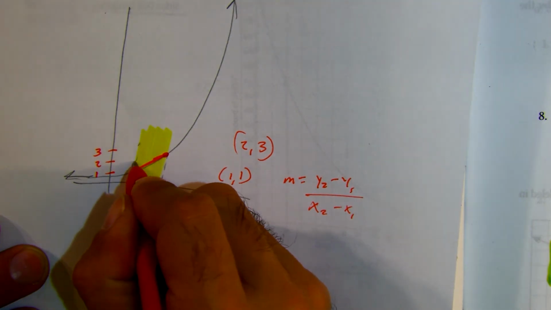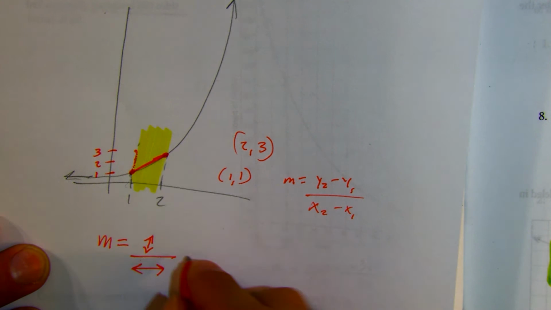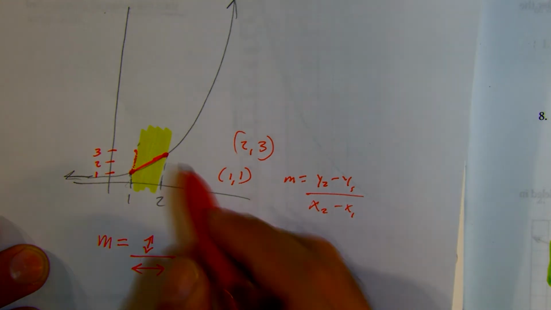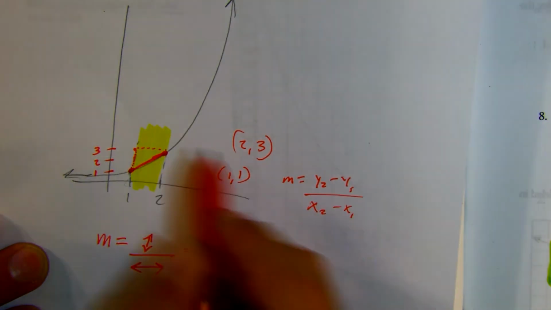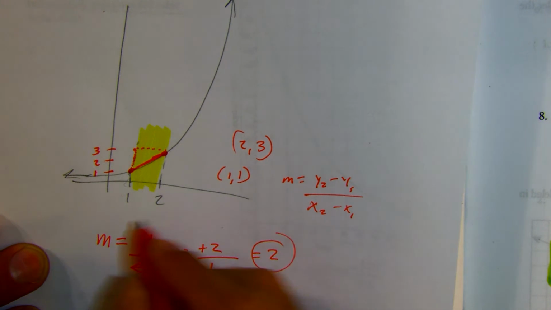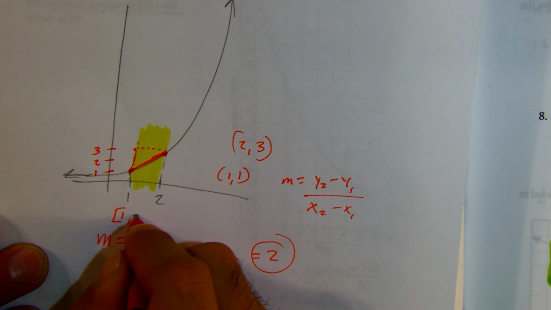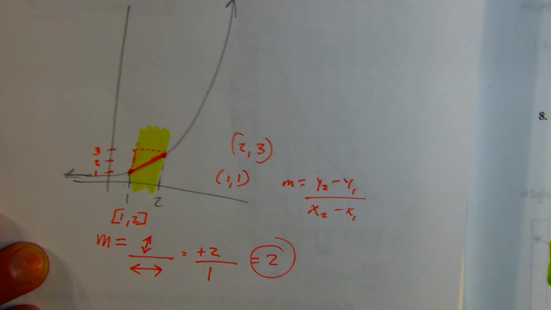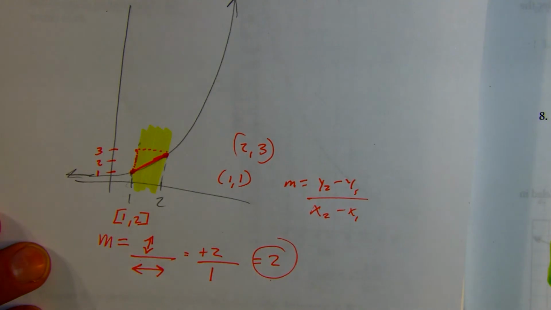What did I have to do? I had to go up positive 2. I had to then go over positive 1. So my slope for this interval of 1, 2 is 2. Okay. You see? For sure you're good?